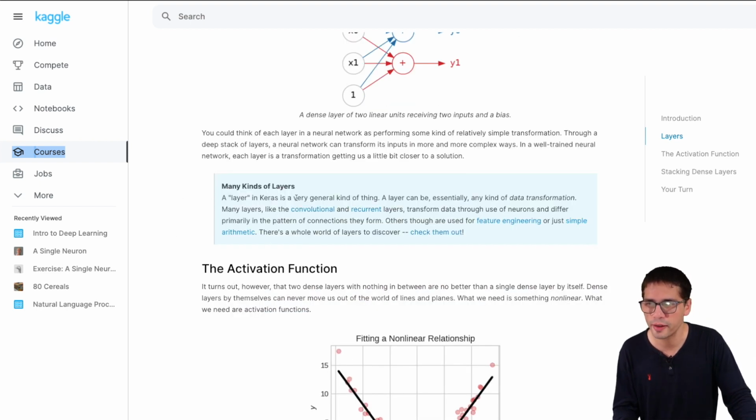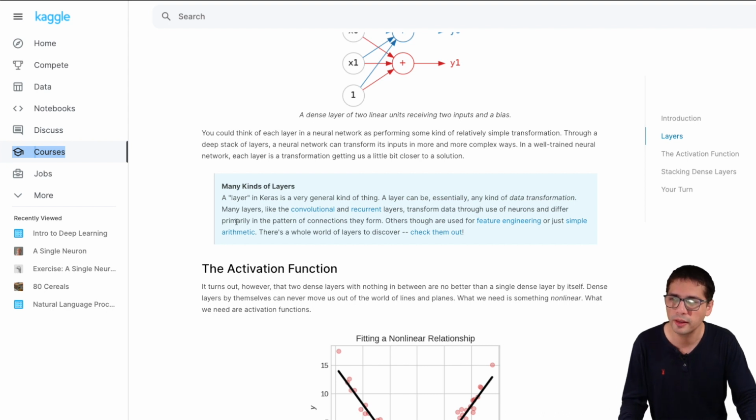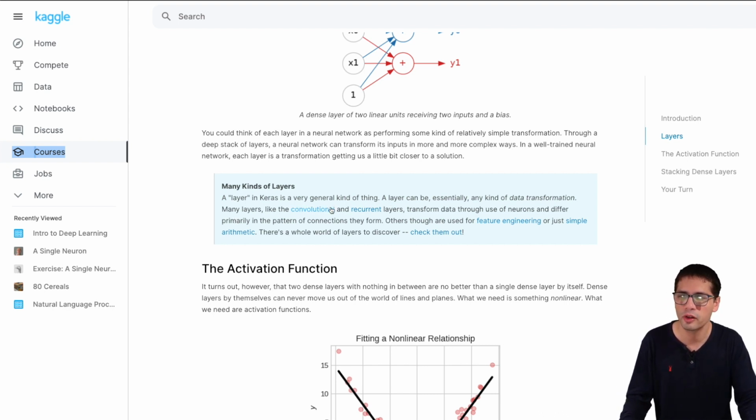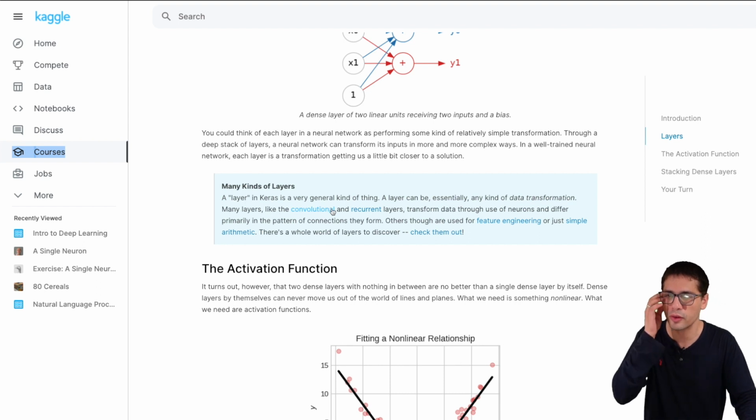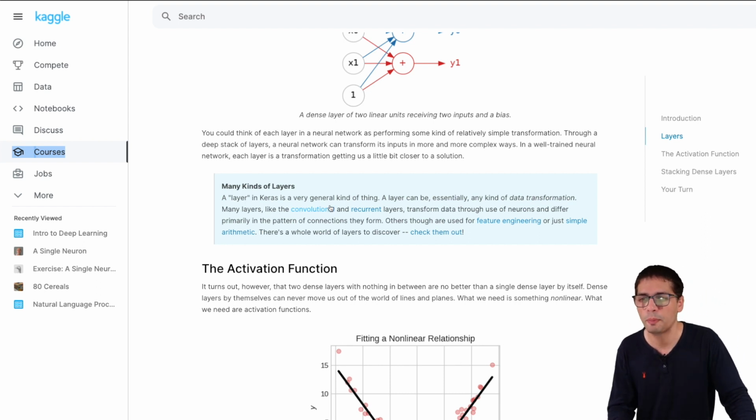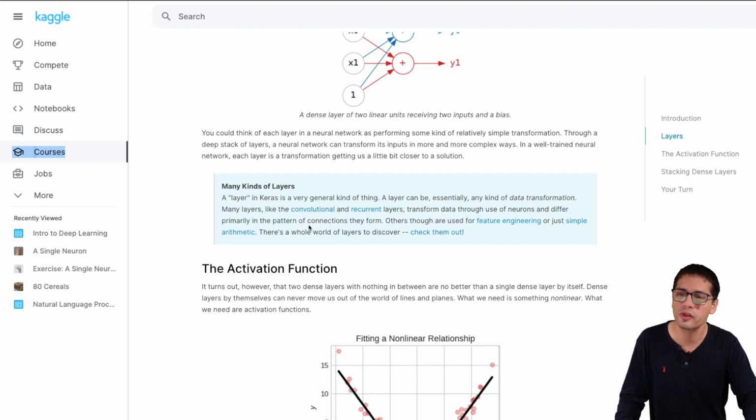A layer in Keras is a very general kind of thing. A layer can be essentially any kind of data transformation. Many layers, like the convolutional and recurrent layers, transform data through use of neurons and differ primarily in the pattern of connections they form. Others, though, are used for feature engineering or just simple arithmetic. There's a whole world of layers to discover.